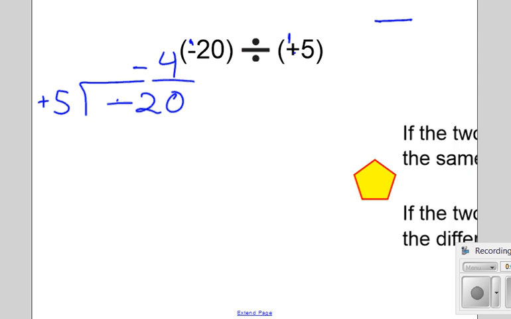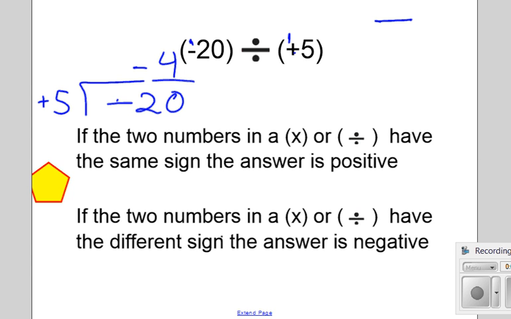So in the end, we really come away with these principles. If the two numbers in a multiplication or division problem have the same sign, the answer is positive. If the two numbers in a multiplication or division problem have different signs, then the answer is going to be negative. These are rules that we want to apply to integers and keep in mind, and make sure that we're doing it.